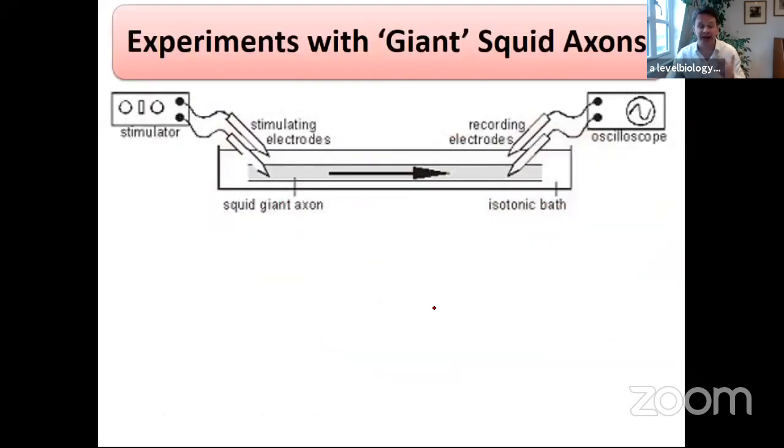Okay, so now let's look at the transmission and generation of an action potential and the transmission of a resting potential. So these experiments were done on squid axons. Now, they're not the axons of giant squid, they are large axons, because squid are carnivores.